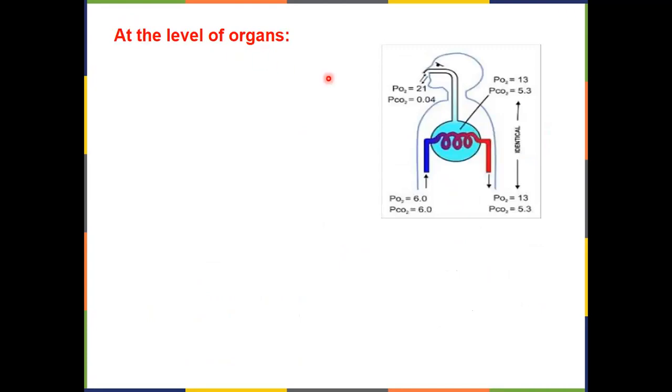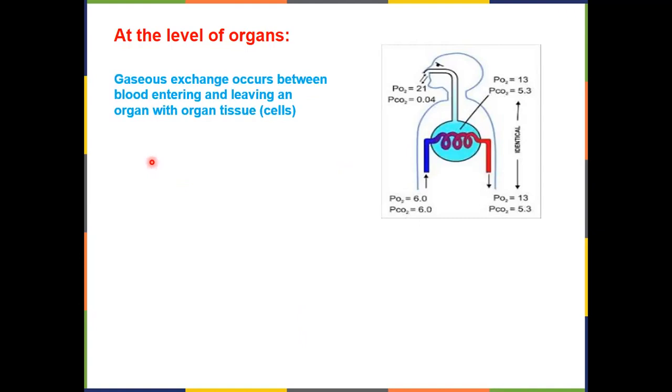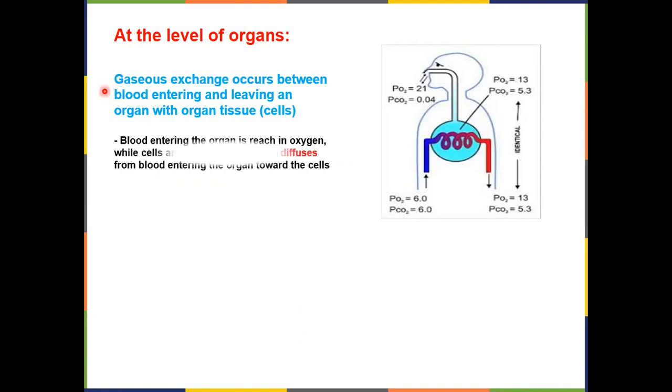At the level of organs, gaseous exchange occurs between the blood entering and leaving the organ and the organ tissue, which is the cells.